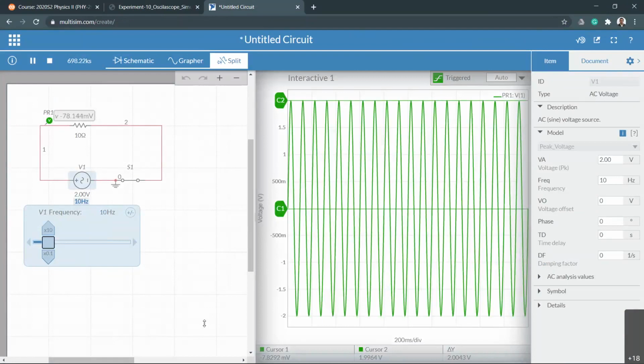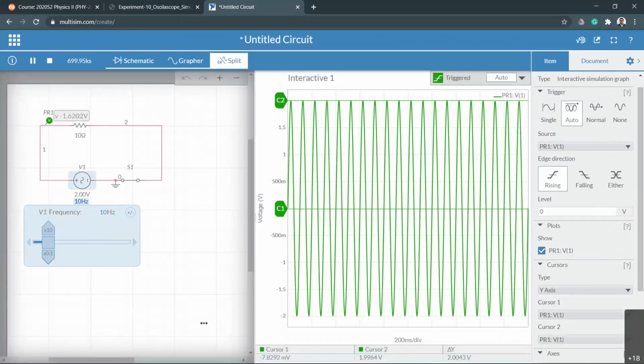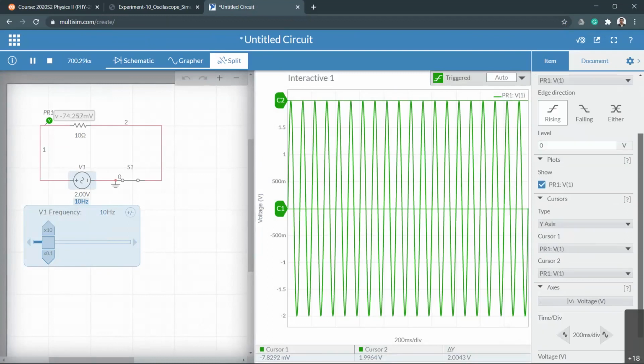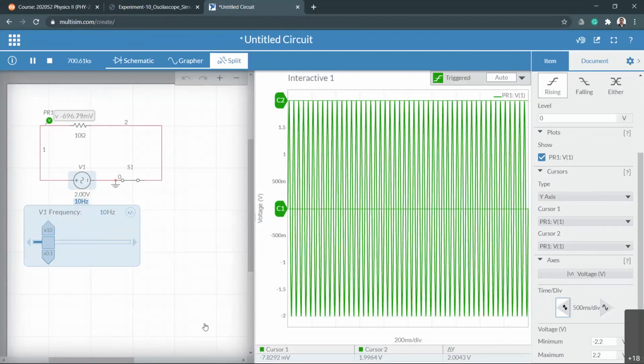Now, if you do that, you can see immediately everything changes on my screen, right? That means there are many waves, so I have to change that a little bit. You can change that easily if you change the x-axis. Just click on the x-axis, go to the configuration tool on your right-hand side, and change the x-axis.